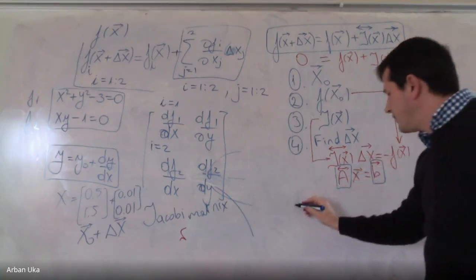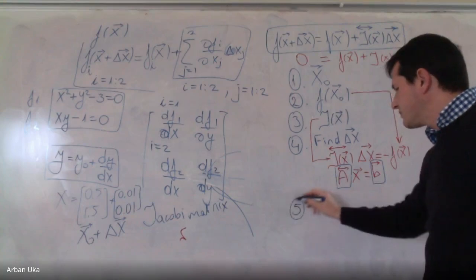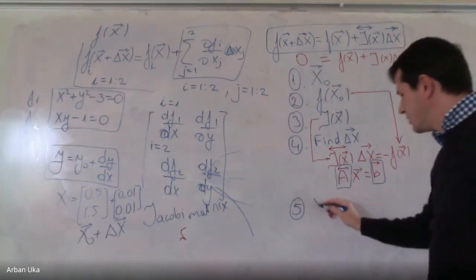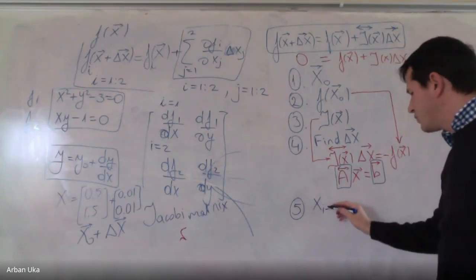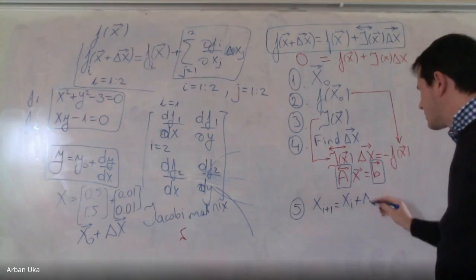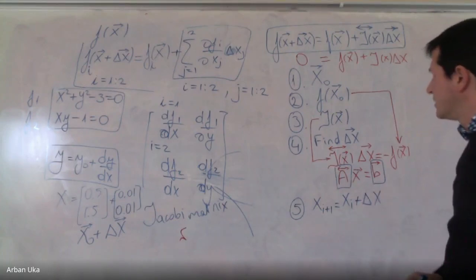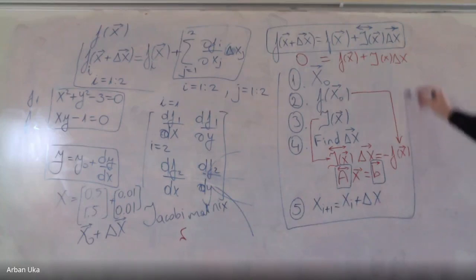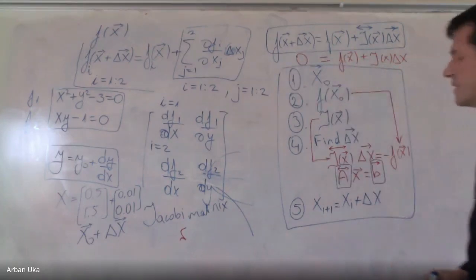So the last step, the final step, will be to find the new value of x, which will be x(i+1) equal to xi plus delta x. Okay, so this is how we are going to solve the system. These are all the steps that we need to use.